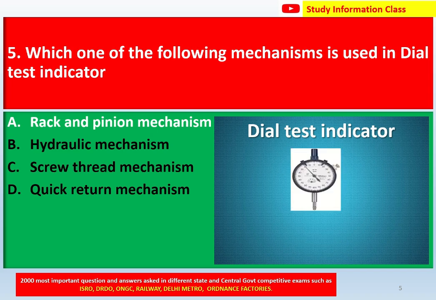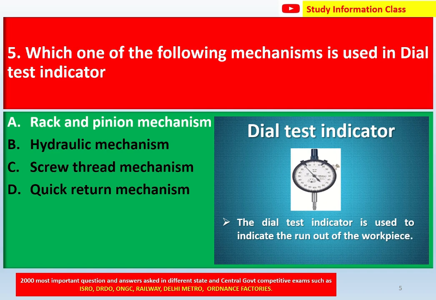The dial test indicator is used to indicate the run out of the workpiece. So the correct answer is rack and pinion mechanism.